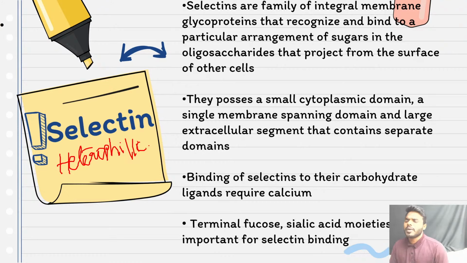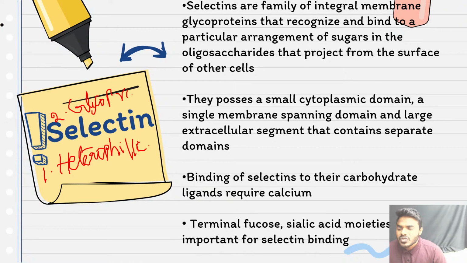One of the most common points you have to remember. Second, selectin does not associate with another selectin. There is no doubt about it. The point is, selectin is associating with what proteins? All the students, keep it in your mind.